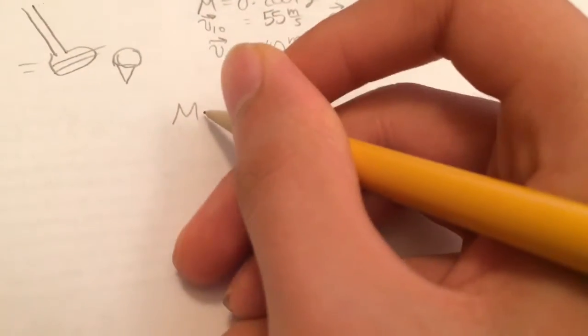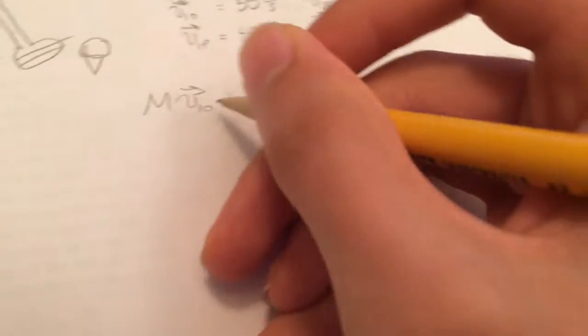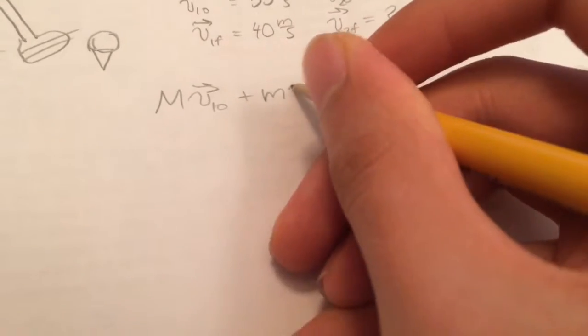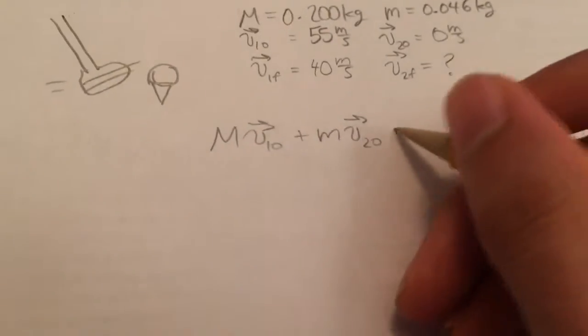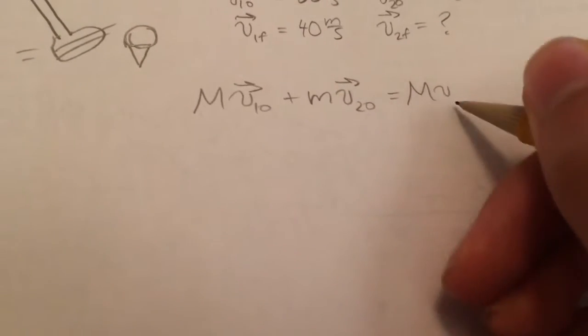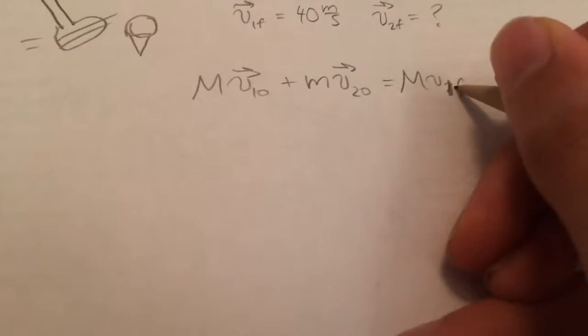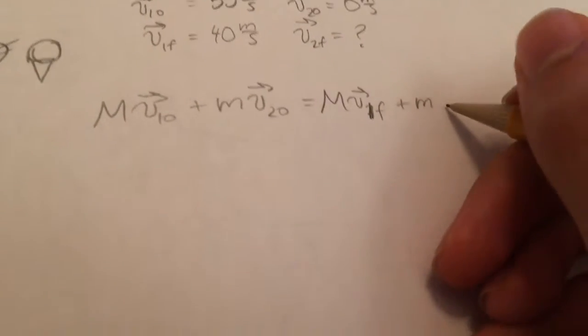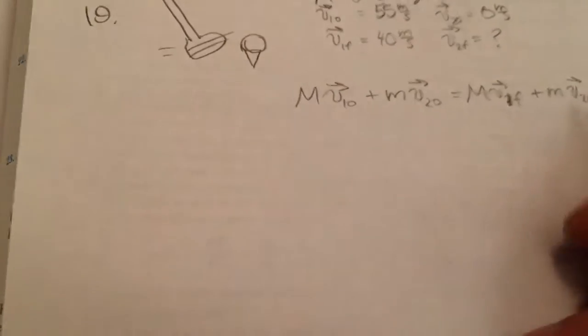M v1i plus m v2i is equal to M v1f plus m v2f. So this is our unknown quantity.